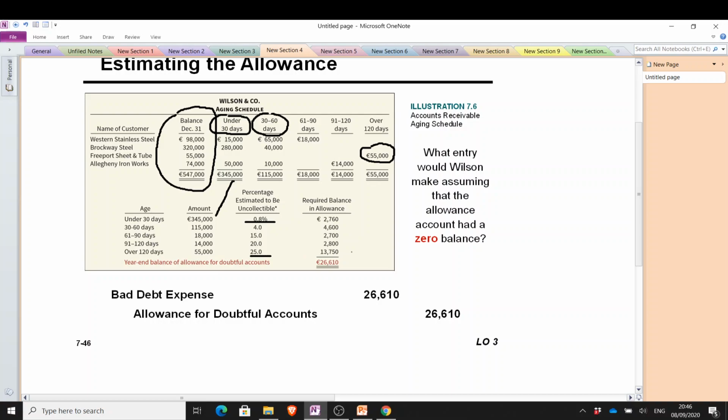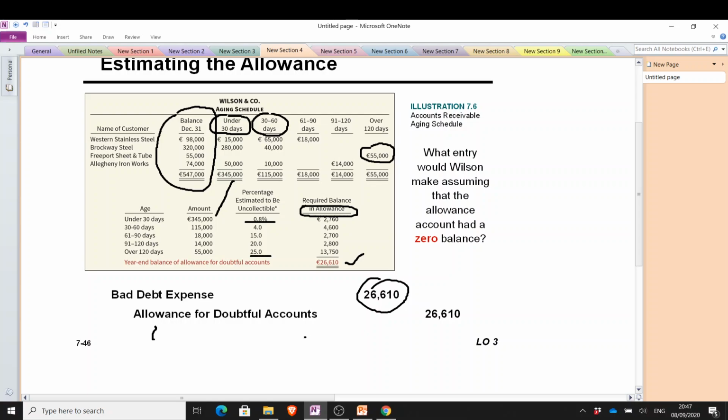So the total balance for the allowance should be 26,610 euros. So the bad debt expense for 2019 must be 26,610.